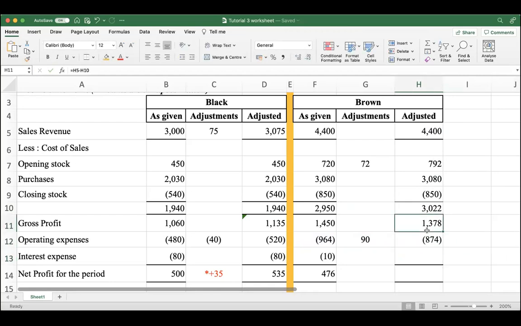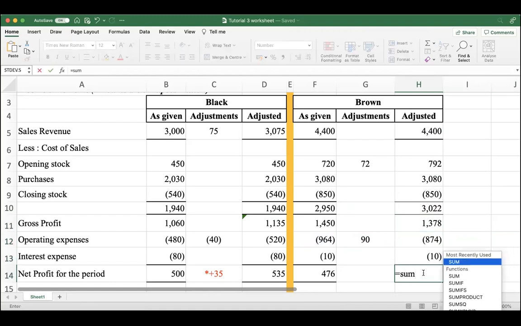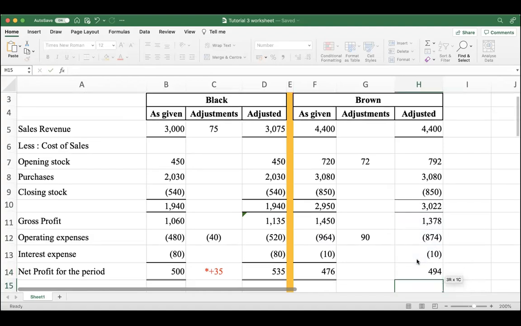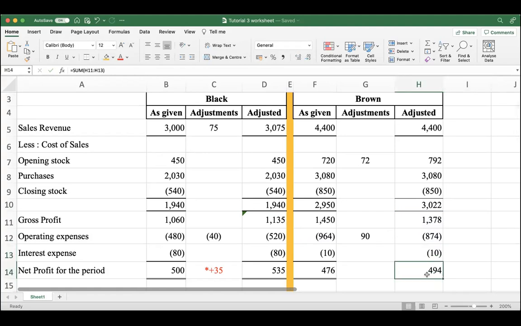There's no change in the interest expense. You see the profit for the year, 494.